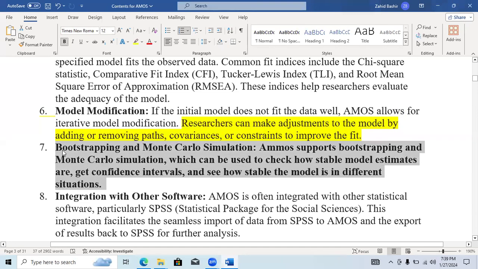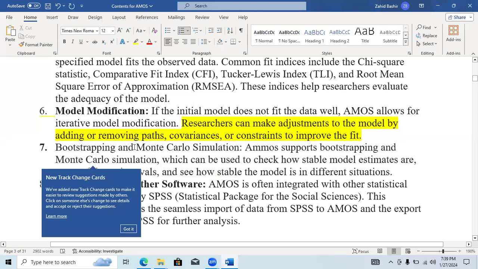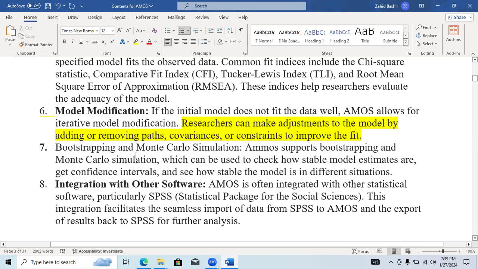Then there is the bootstrapping method. AMOS supports bootstrapping and Monte Carlo simulation, which can be used to check how stable model estimates are, get confidence intervals, and see how stable the model is in different situations.